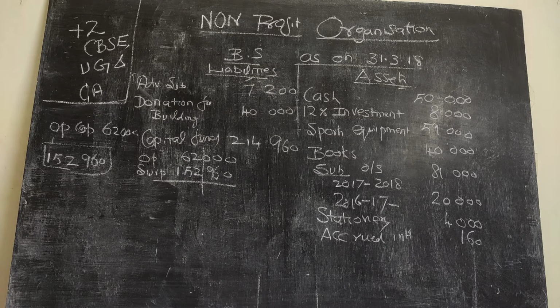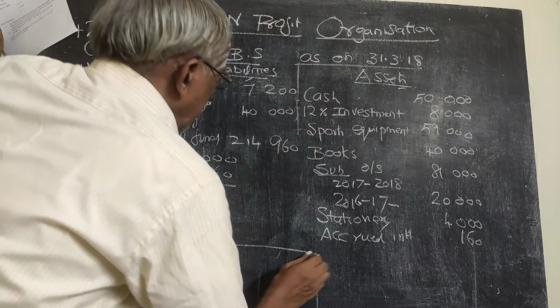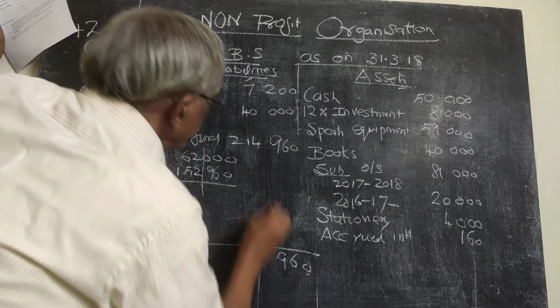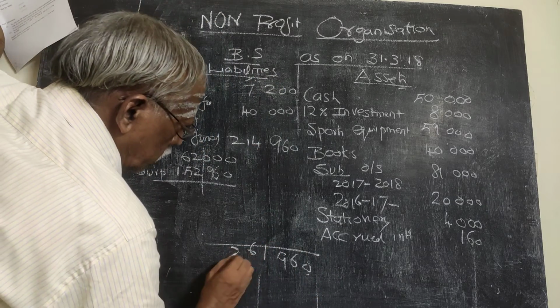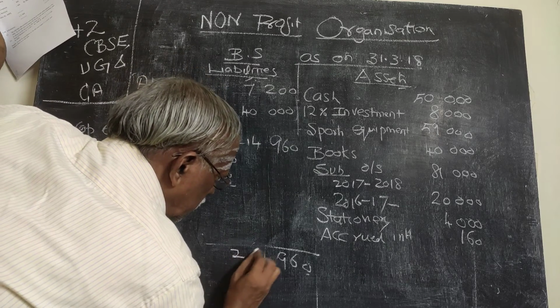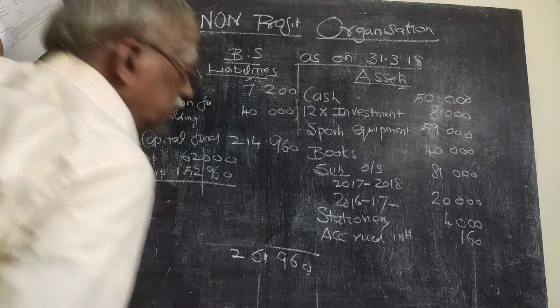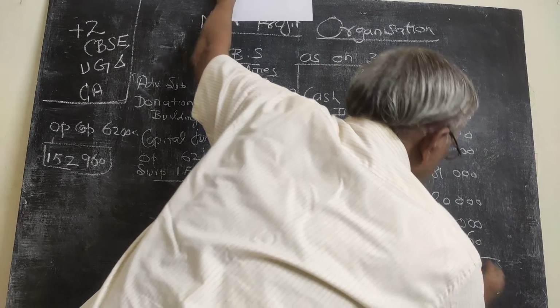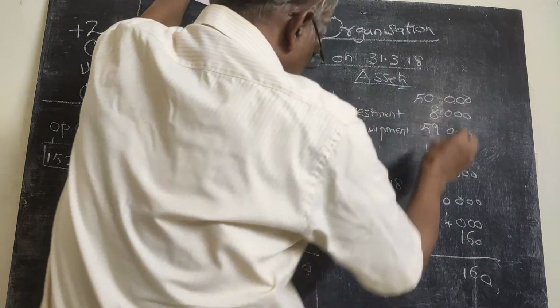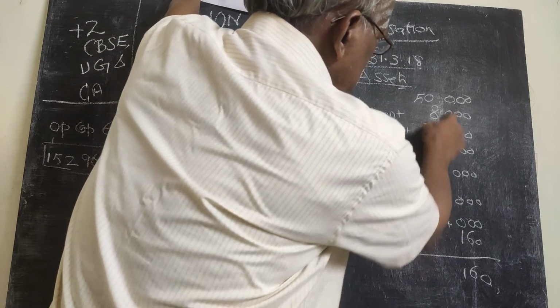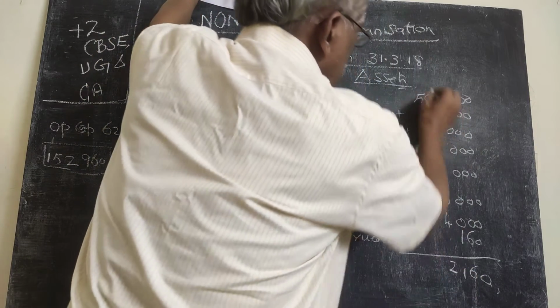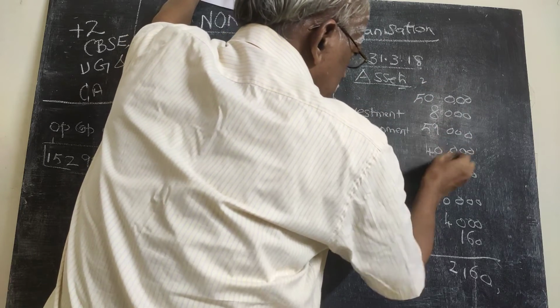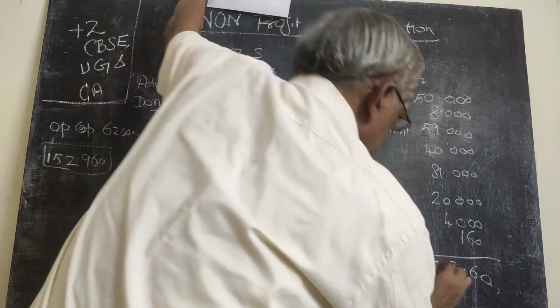Now I think we have taken everything into account. Let us see whether it is tallied. The total on the liability side is 2,61,960, and this side 160, 4, 5, 14 plus 8, then carry over to 12, 16, 24 and 26.